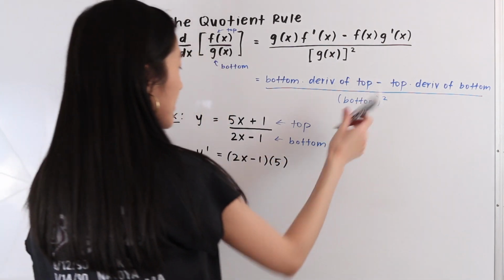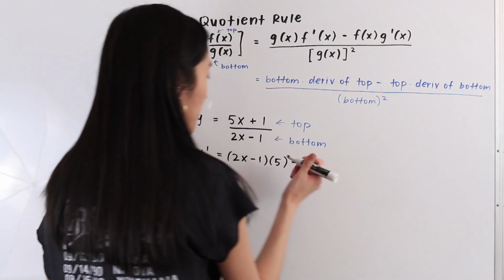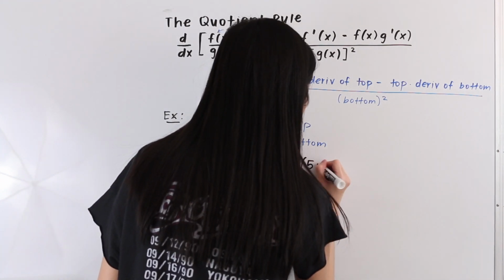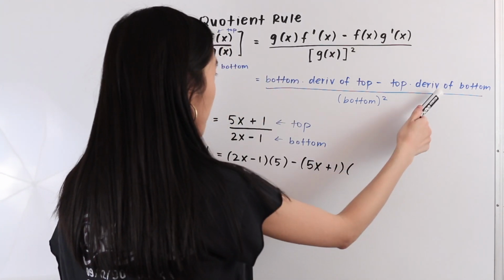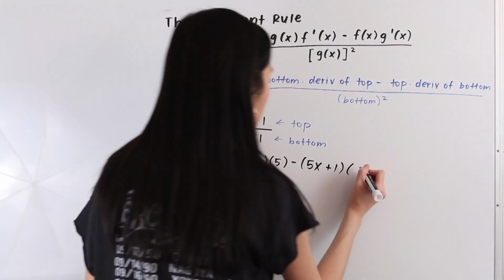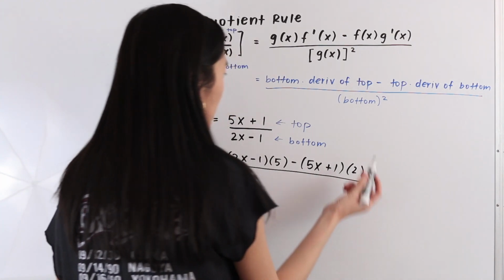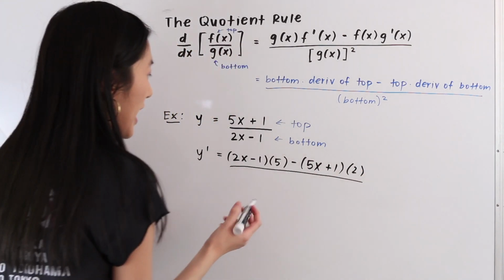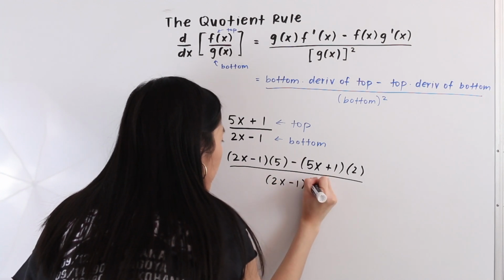And then we have minus the top, so 5x plus 1, times the derivative of the bottom. So the derivative of 2x minus 1 is just equal to 2, and this is all over the bottom squared. So we have 2x minus 1 squared.